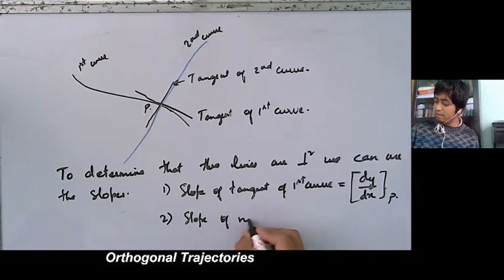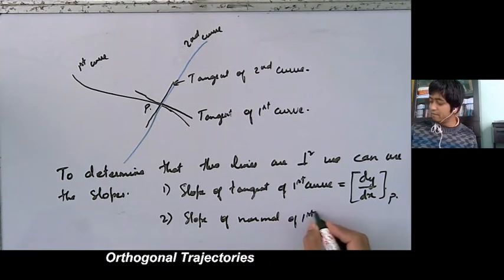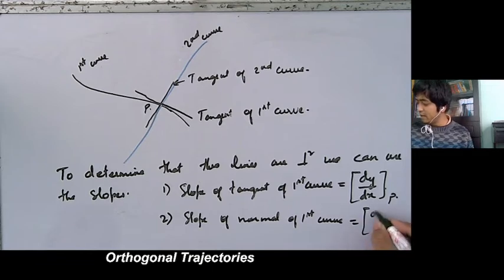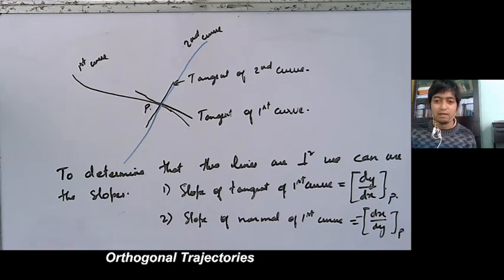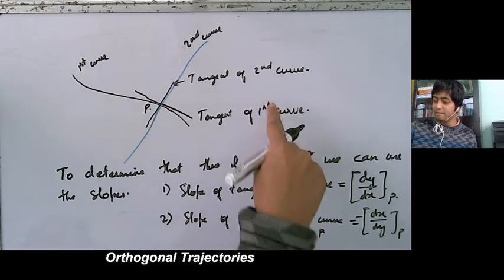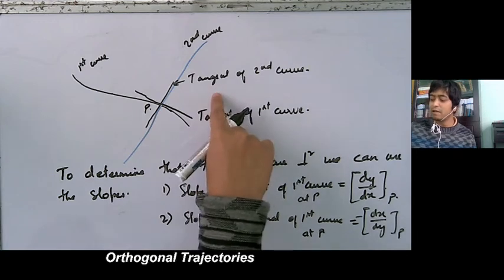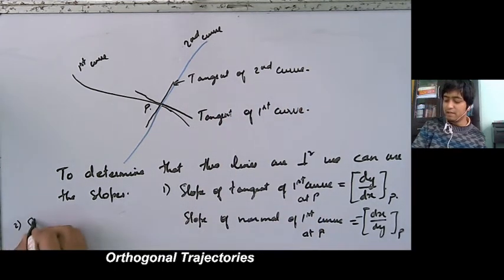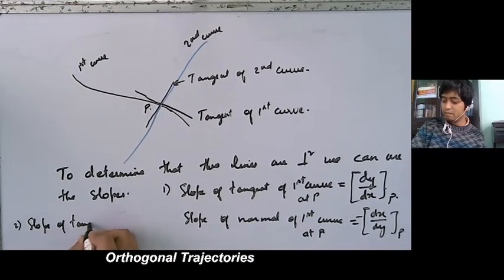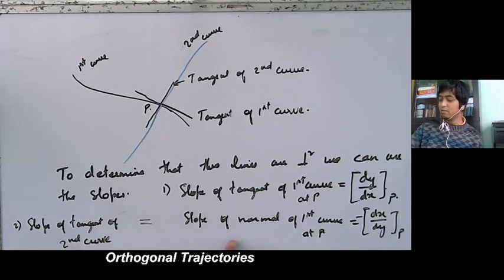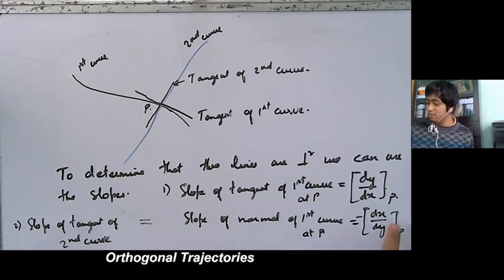The slope of the normal of the first curve is given by minus dx dy at the point P. And because the tangent of the second curve is the normal of the first curve, we can also say that the slope of the tangent of the second curve is equal to the slope of the normal of the first curve at P, which is equal to minus dx dy.